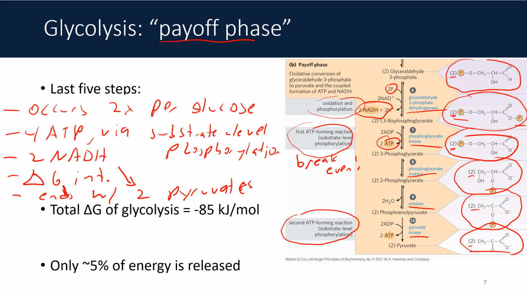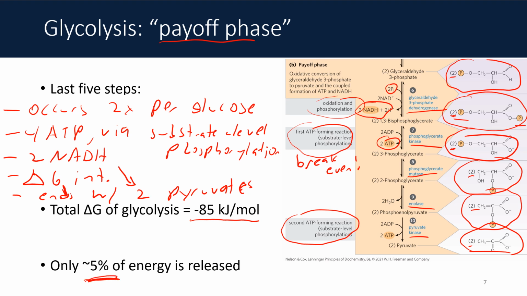Now, taking a step back and looking at the forest for the trees, we released a lot of energy to the surroundings through this process. The total delta G of this pathway is negative 85 kilojoules per mole, which is quite a bit. However, remember when I said that glycolysis is effective for biology's purposes, but overall inefficient?